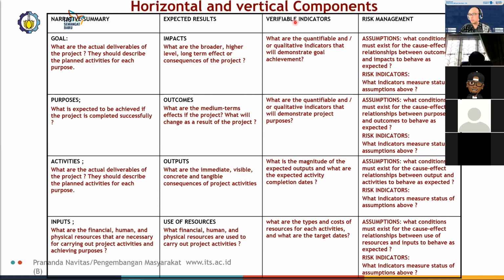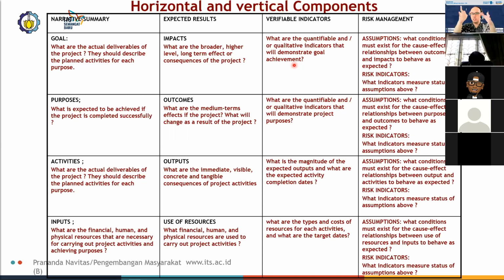So in the verifiable indicator cell, you would need to state what the quantifiable and or perhaps qualitative indicators are that will demonstrate goal achievement. For example, establishing a community library, then the quantifiable indicator is that there is a community library.